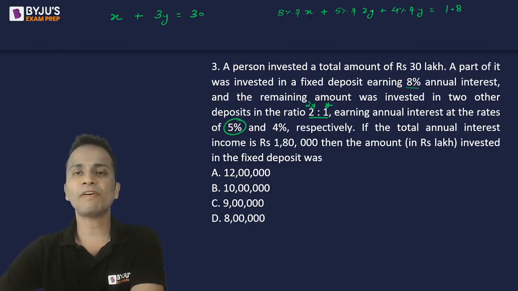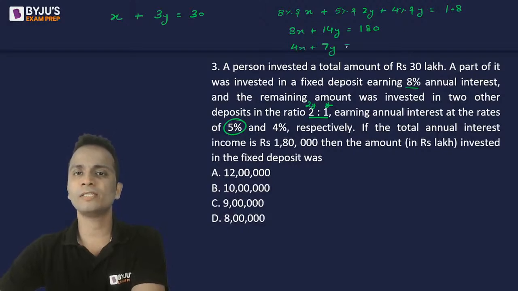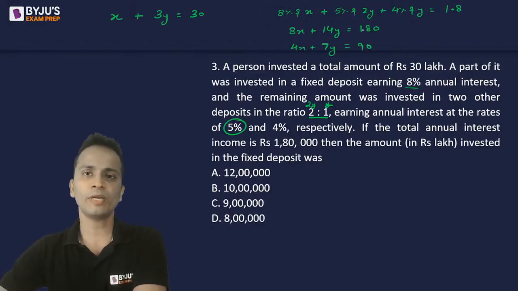Now, simplifying this equation, it will be 8x plus 14y is equal to 180. This will be the second equation. Simplifying, I get 4x plus 7y is equal to 90. Now I have two equations, and I can solve for x and y.